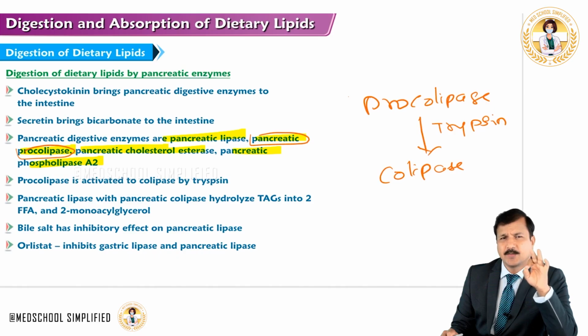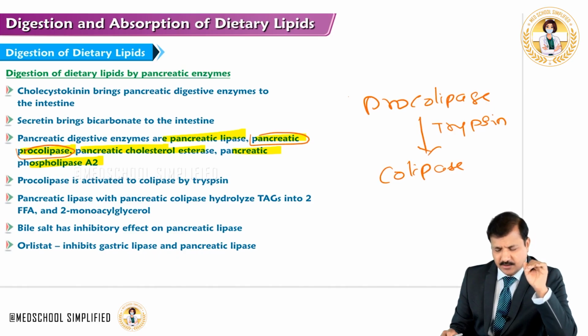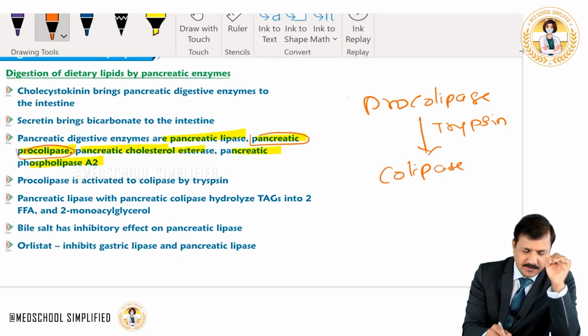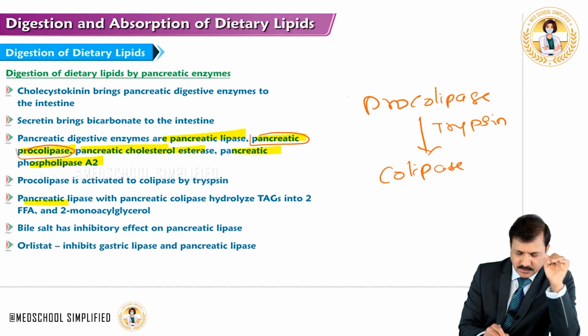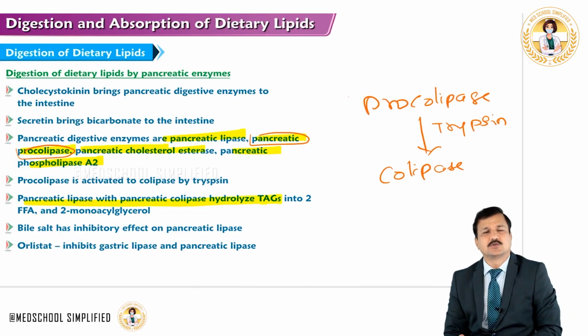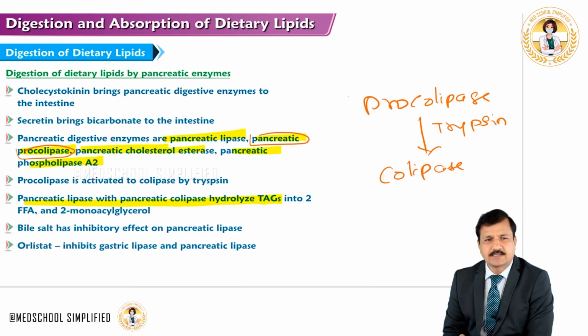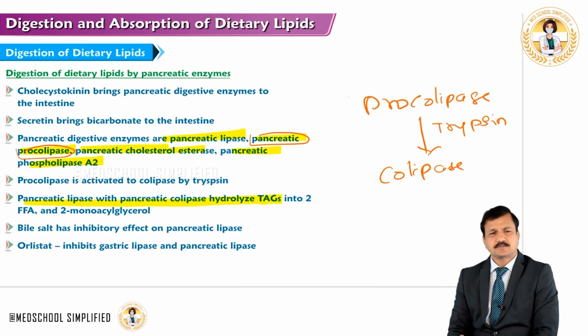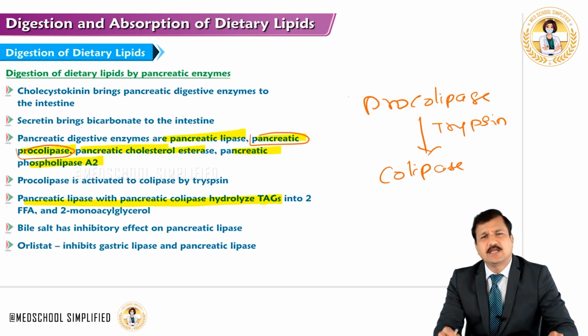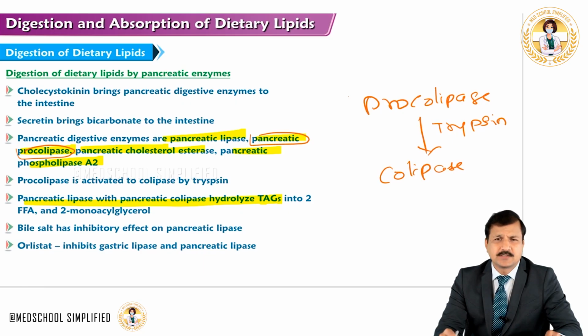is pancreatic procolipase, which is activated into colipase, and this colipase works along with the pancreatic lipase to digest triacylglycerols into 2 free fatty acids and 1 molecule of 2-monoacylglycerol. Now, the pancreatic lipase does not have any specificity related to the number of carbons in the fatty acids attached to a triacylglycerol.